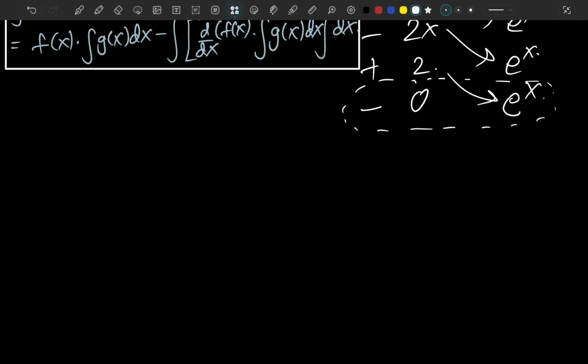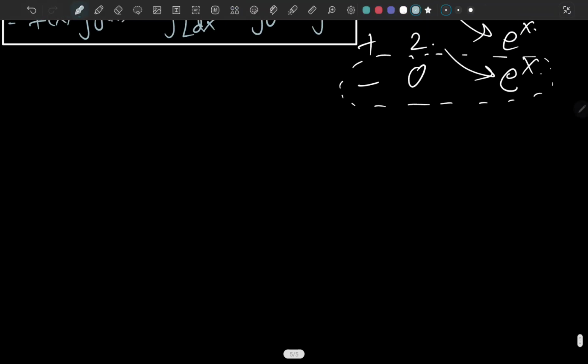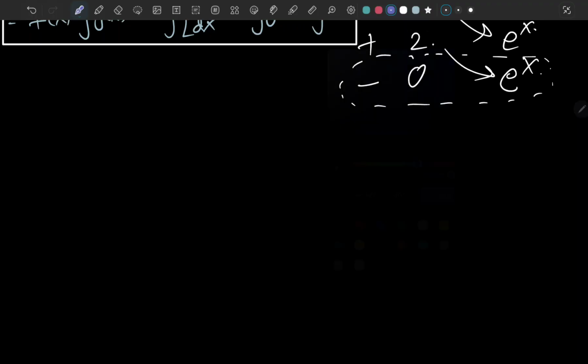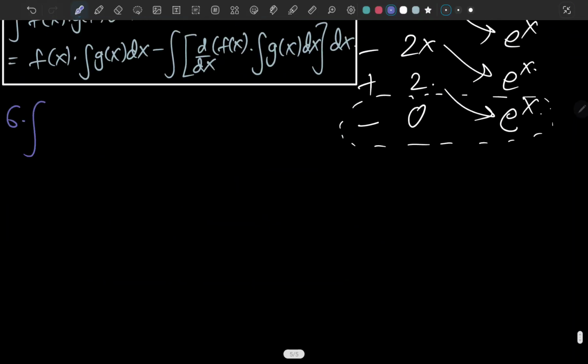And now let's talk about another thing. Okay, let's talk about this integral. I think in this integral we are again going to use integration by parts. The sixth integral is from 1 to 2 of (1 over x minus 1 over 2x squared) times e to the x dx.